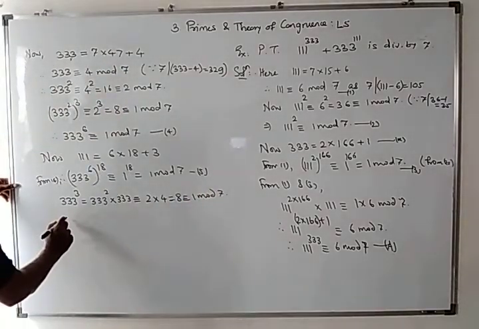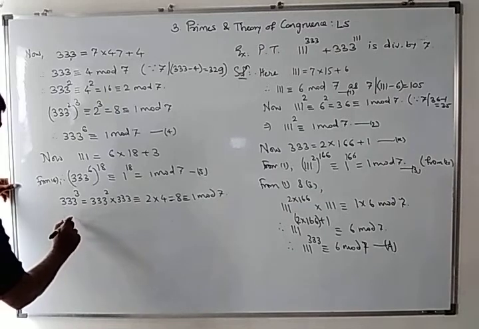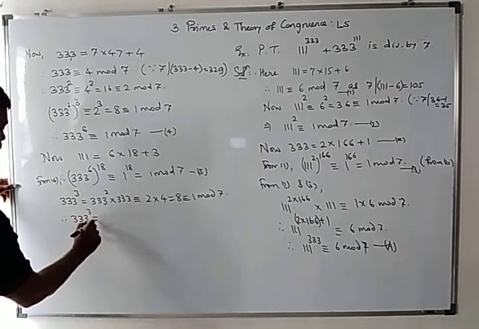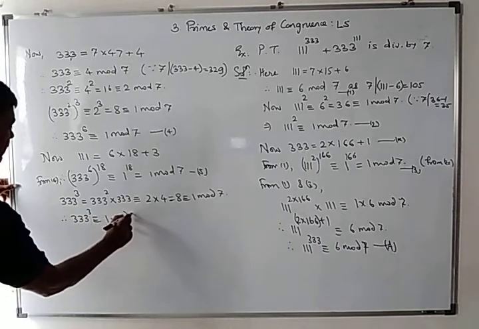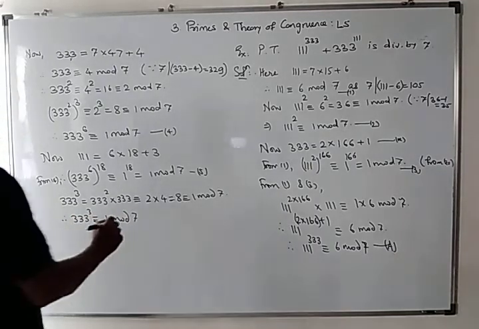And therefore 333 cube is congruent to 1 mod 7, right.